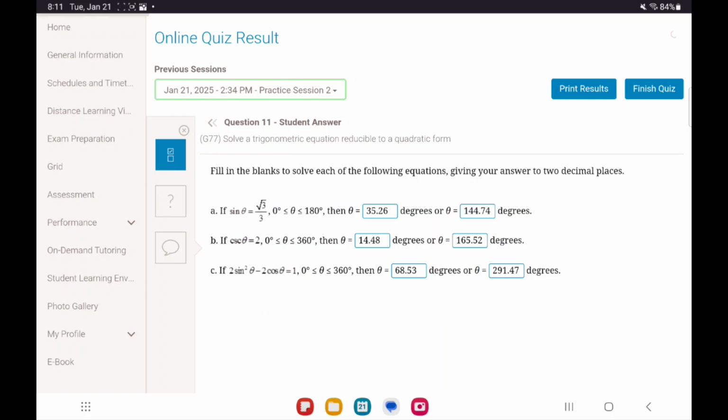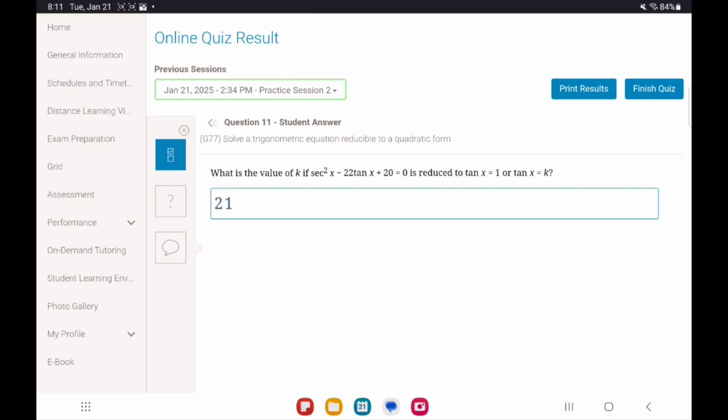The last question is one of the easiest questions. We know that there is a trigonometric ratio that goes like 1 plus tan squared x equals secant squared x.